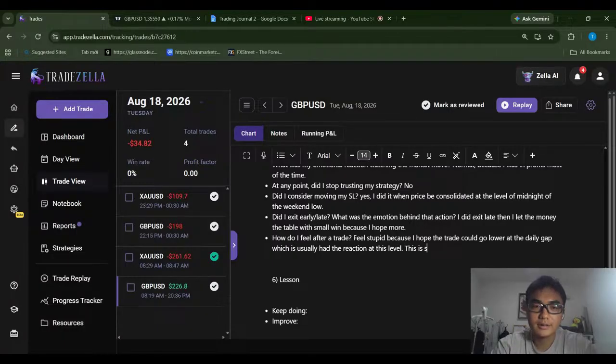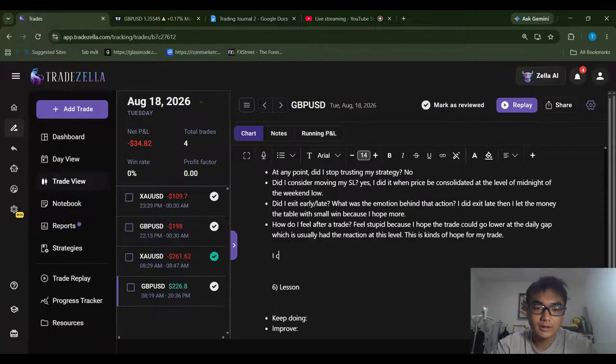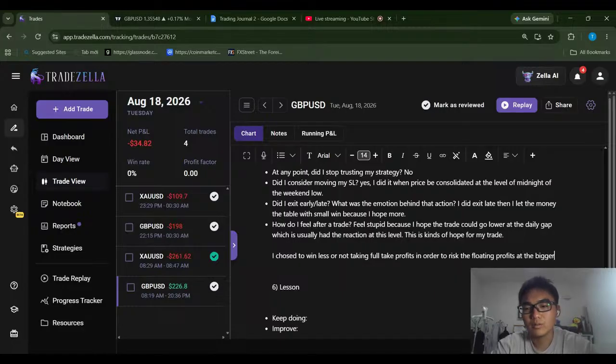This is kind of hope for my trade. I chose to win less, or take full take profit, in order to reach the floating profit for the bigger move.